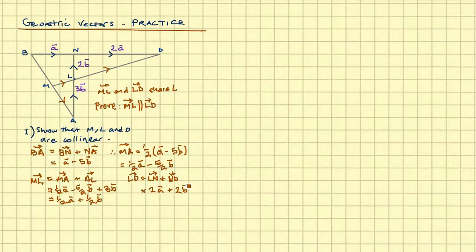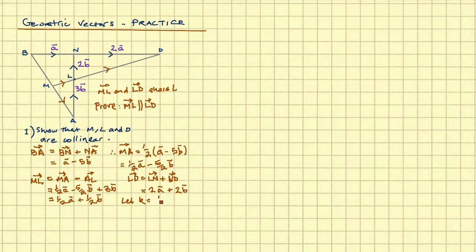Okay, so now how do I prove that M to L is parallel to L to D? See if you can pause the video and give that a go. Well, the technique that we usually use is we know that if M to L is parallel to L to D, then M to L is equal to some constant k times L to D. So let k equal, well, what do I want here?